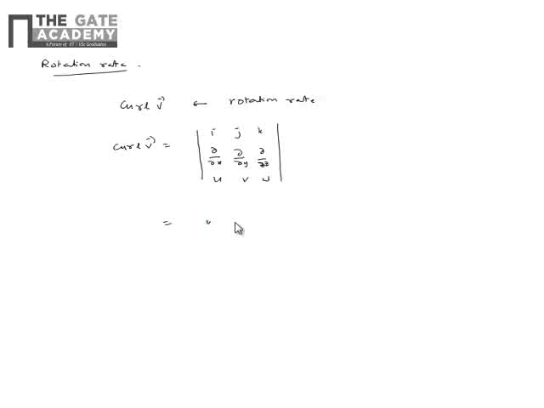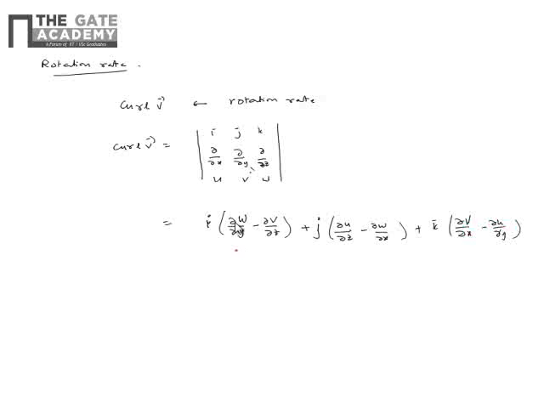Those are going to be like this: i times (∂w/∂y − ∂v/∂z), minus j times (∂w/∂x − ∂u/∂z), which I have just taken inside, plus k times (∂v/∂x − ∂u/∂y).